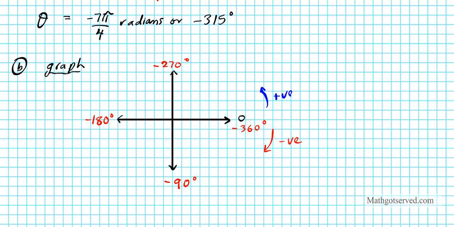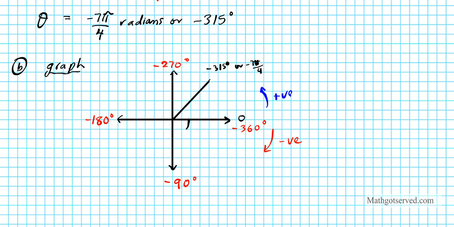So let's go ahead and graph it. That goes our terminal side. All right, so what is it? What did we just draw? This is negative 315 degrees, or negative 7 pi over 4 radians, all right? So that's what this angular measure is. So let's indicate the region we swept.